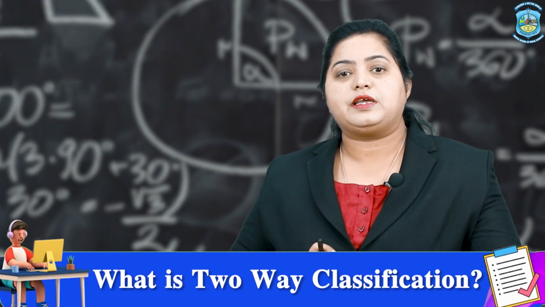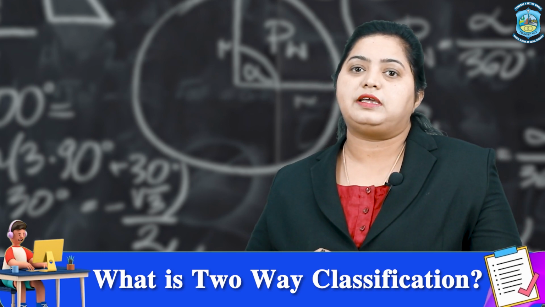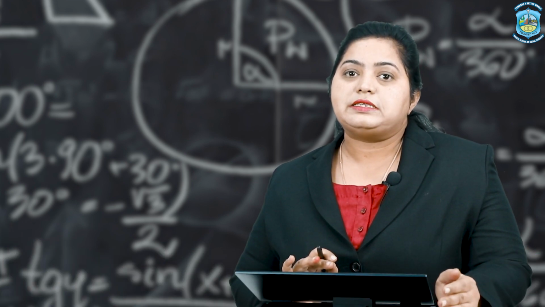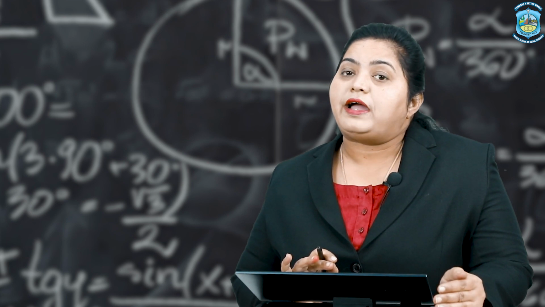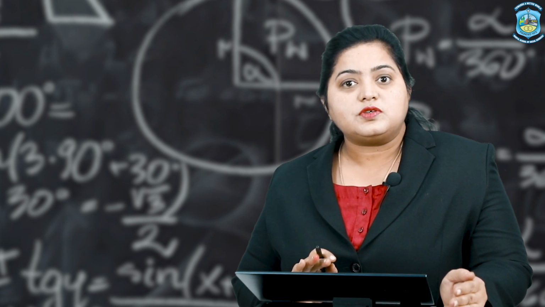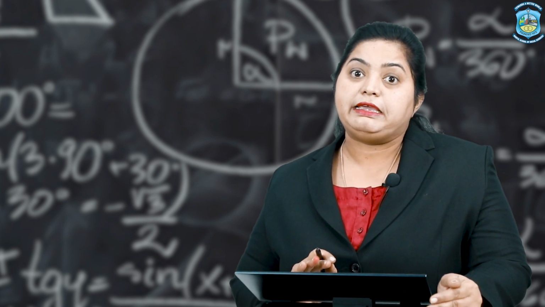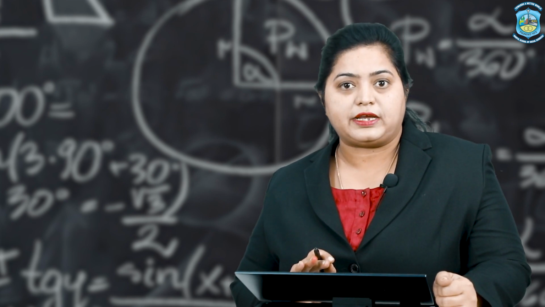Now, what is two-way classification and what is the difference between ANOVA one-way classification and ANOVA two-way classification? In the previous video, we discussed that one factor is involved in one-way classification. We also solved one problem based on varieties of rice, in which we took one factor, that is variety of rice.